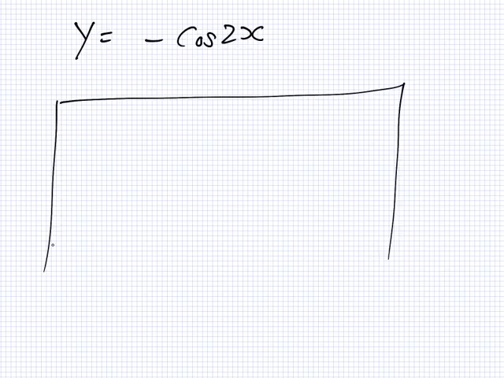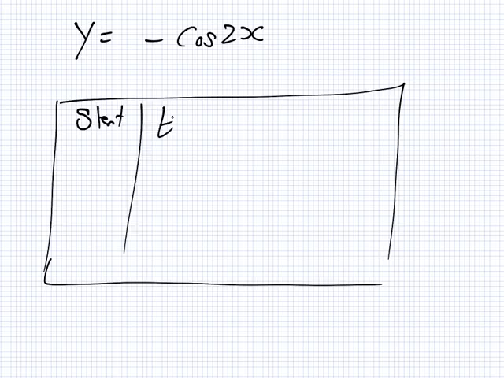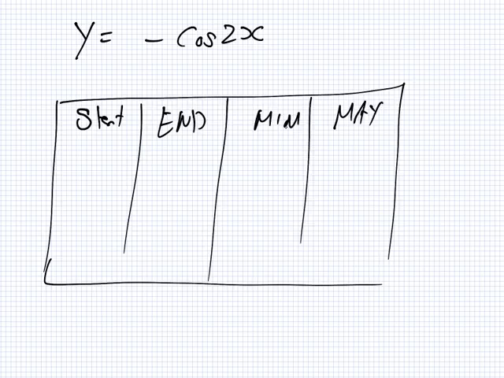y equals minus cos 2x. Right, well, here it's not so bad. So we start off with the start, and min and max. Right, so cos starts at 0, 360, minus 1 to 1.